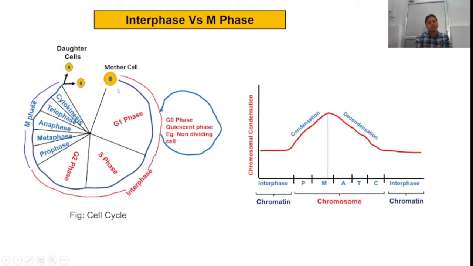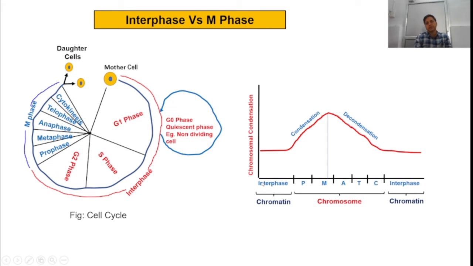In interphase, they exist in the form of chromatin, and this phase is very important because DNA replication takes place. If DNA replication has completed, each chromatin fiber will contain two DNA molecules, and if the DNA molecules are double, then in M phase, double-stranded chromosomes can be observed.